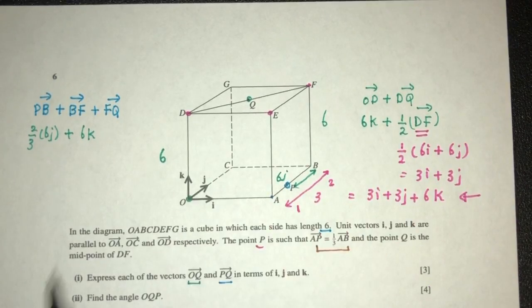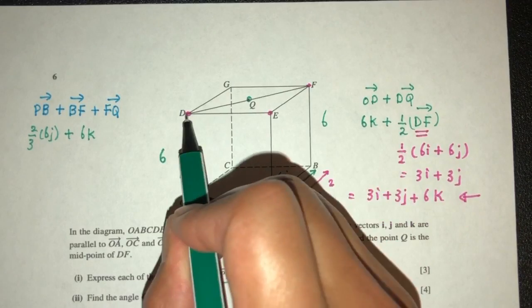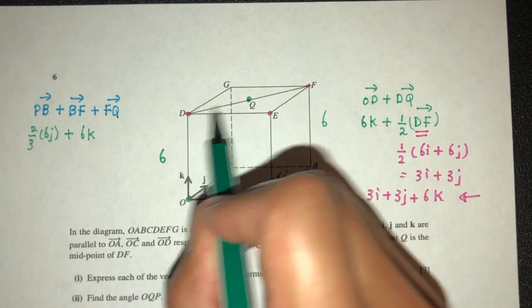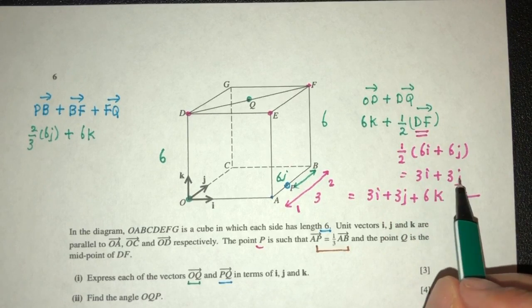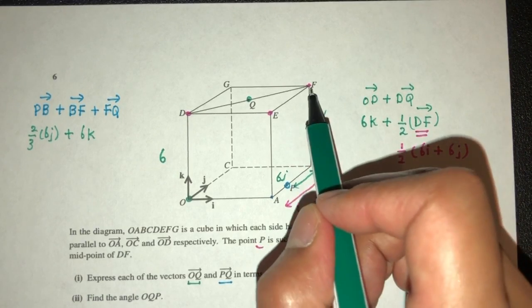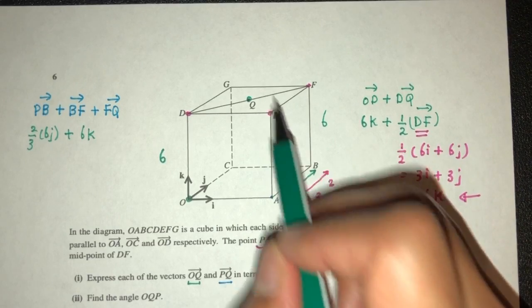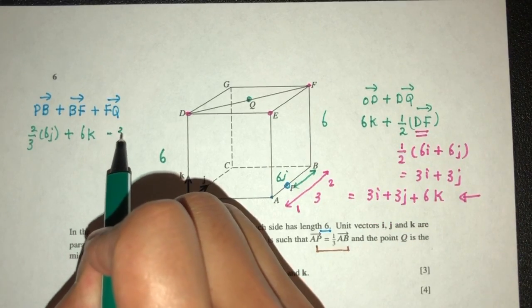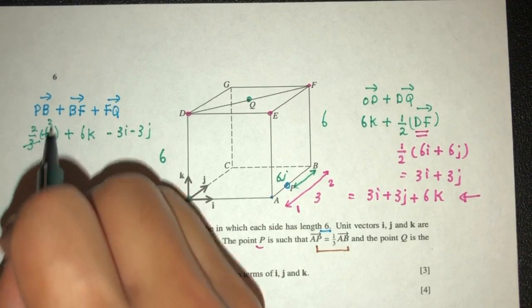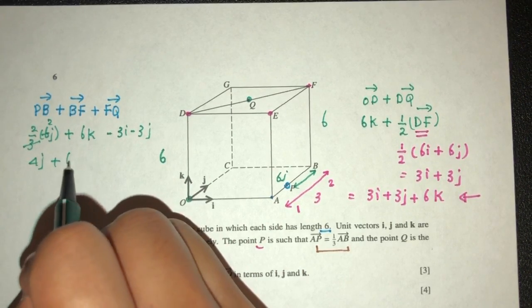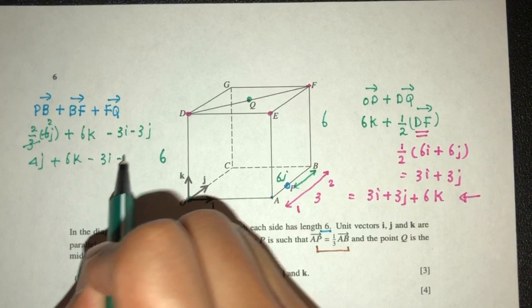Up is k. And then FQ, we know that DQ is 3i plus 3j, but FQ will be in the opposite direction. That has to be minus 3i minus 3j. So simplify, that should be 4j plus 6k minus 3i minus 3j.